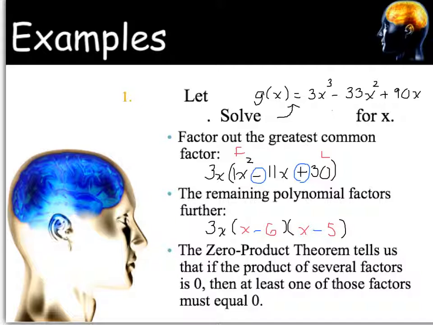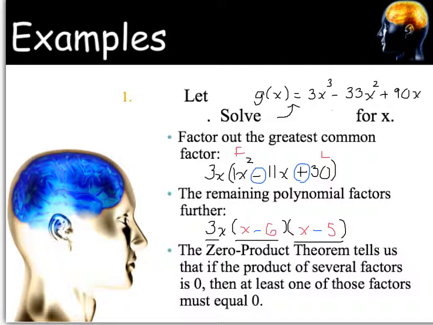Now, if you notice in my polynomial, g of x, we should notice that we're multiplying 3 things together. We've got 3x being multiplied by x minus 6 being multiplied by x minus 5. If any of those 3 things was equal to 0, then the entire product for the polynomial would equal 0. So what the zero product theorem tells us is that if any of those 3 terms is equal to 0, then we would get a product equal to 0.